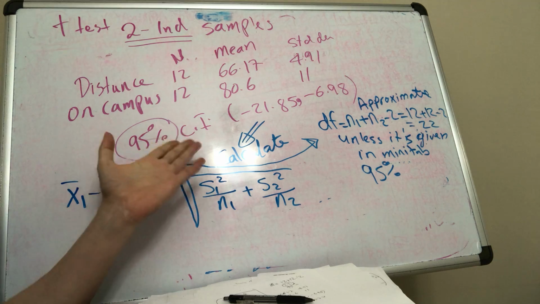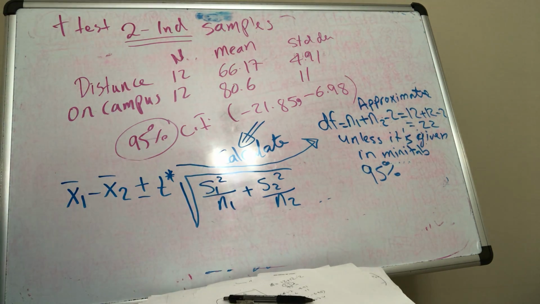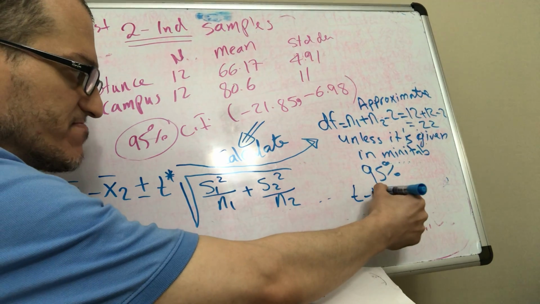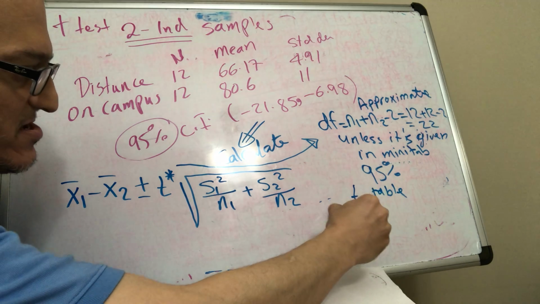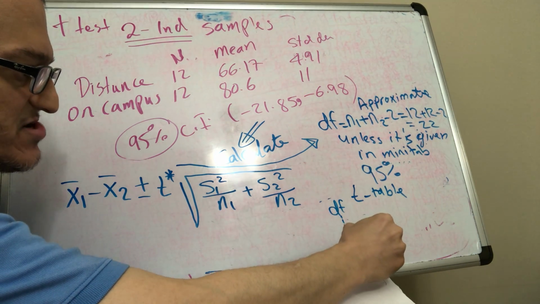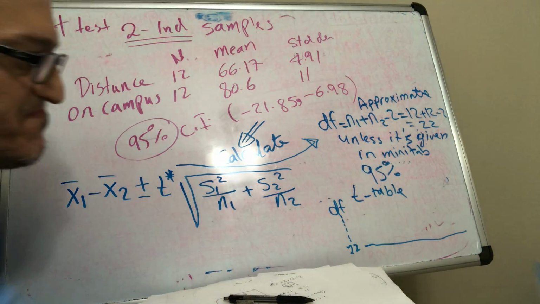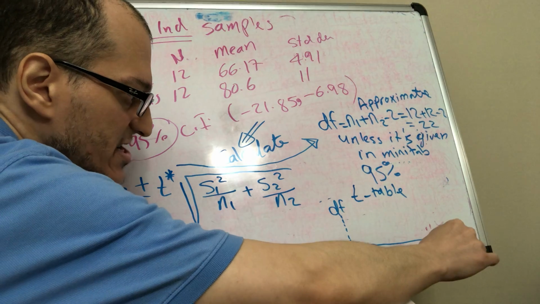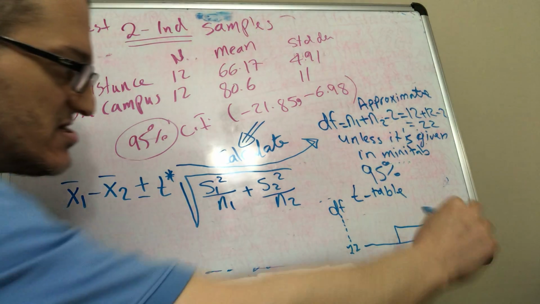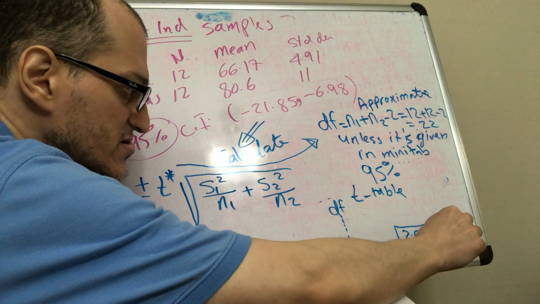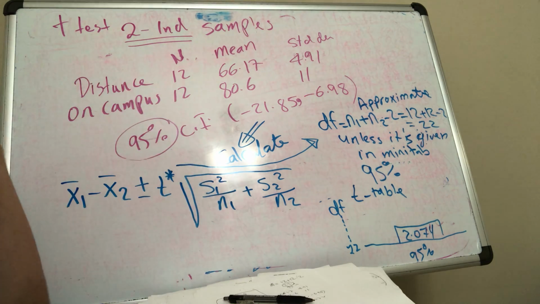Again, you're not asked to do the calculation here, but I'm just doing it so that you're familiar with it. You go to the T table, any T table, the one you use for the course. You go to the degrees of freedom 22, you see all kinds of numbers. With confidence level 95%, the common number between them is 2.074, which is not what Minitab is using.